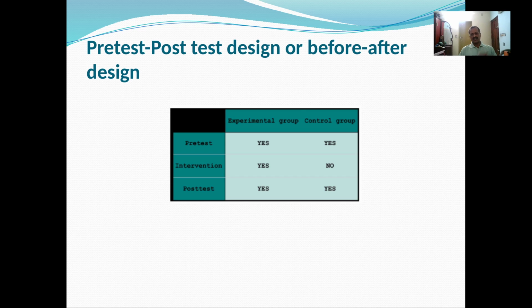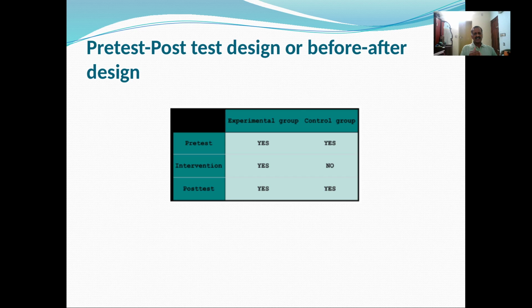Just before the intervention, if knowledge, attitude, practice is tested, we'll do a pre-testing of that. If you are going to test the efficacy of a drug in improving anemia, improving hemoglobin level, the pre-testing is the testing of hemoglobin level of antenatal mothers. So the pre-testing will be done, and after that we will give the intervention.